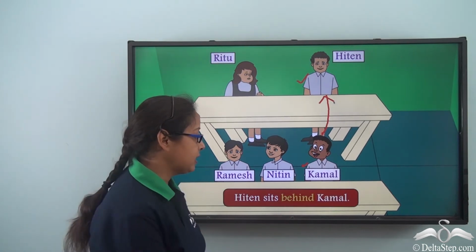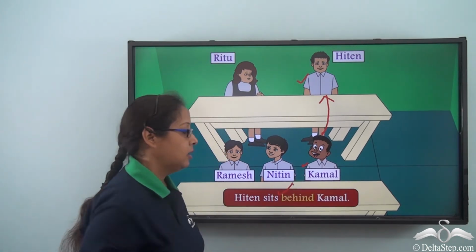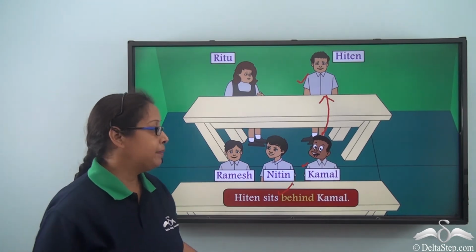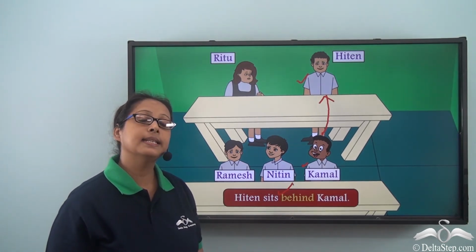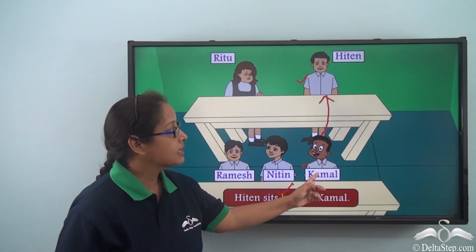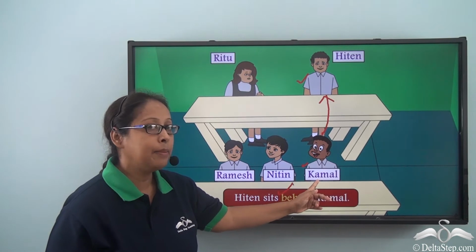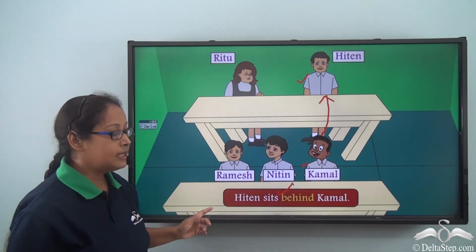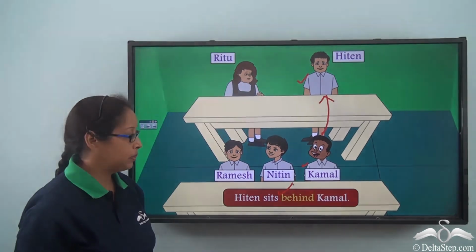When I'm using this preposition behind, what do I mean? I mean that somebody is sitting at the back of someone. So here in this case, who is sitting behind Kamal? It is Hitin. Now let's check another example.